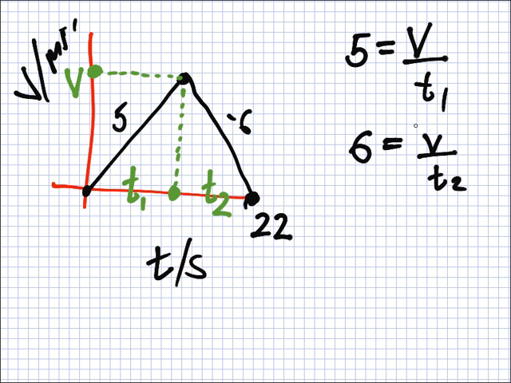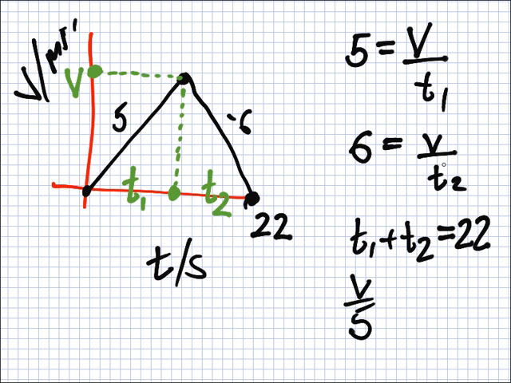So, can we get V and T1 and T2? No. There's not enough here, is there? How many unknowns are there? 3. T1, T2, and V. However, there's one more piece of information we know. T1 plus T2 equals 22. But T1 is V over 5.